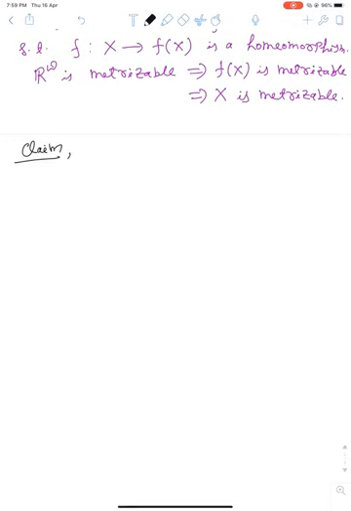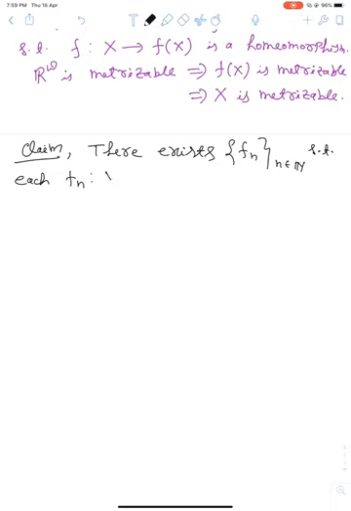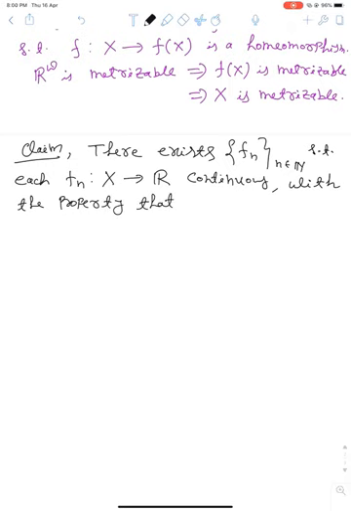We need to find a countable collection of functions fn, where n belongs to the natural numbers, such that each fn is a continuous function from X to R, and with the property that if you choose any point x and any open set U containing x, then there exists an n such that that function gives a positive value at that point and the function vanishes, that is gives the value 0, outside of the open set U.